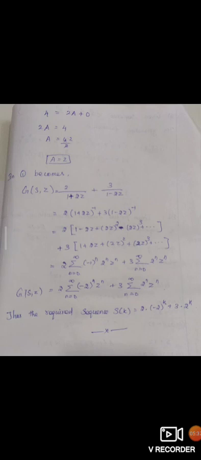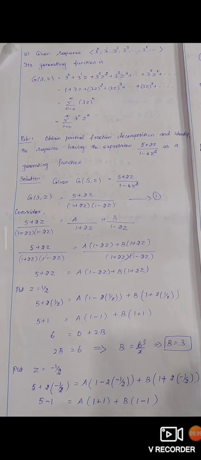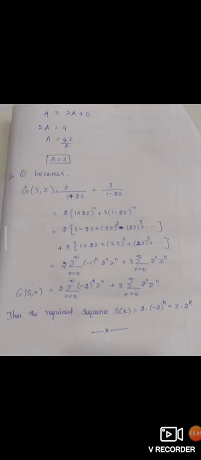You substitute a, b values in equation number 1. We get g(s, z) = 2 divided by (1 + 2z) plus 3 divided by (1 - 2z). The denominator portion comes to the numerator, it becomes an inverse. So 2 into (1 + 2z)^-1 plus 3 into (1 - 2z)^-1.